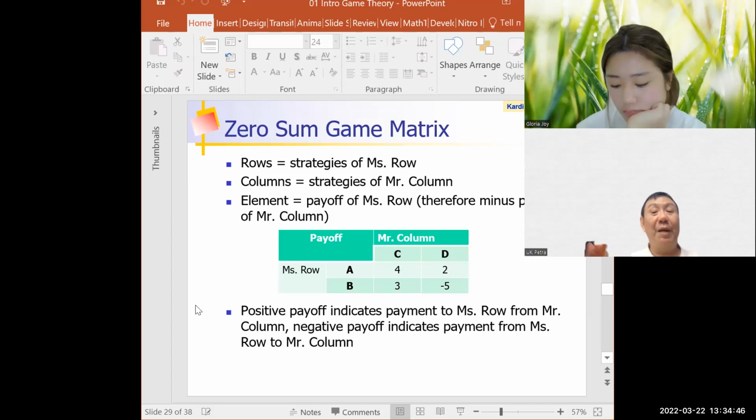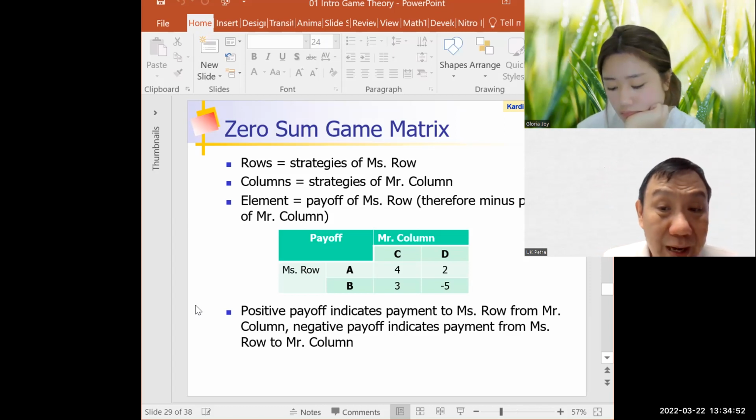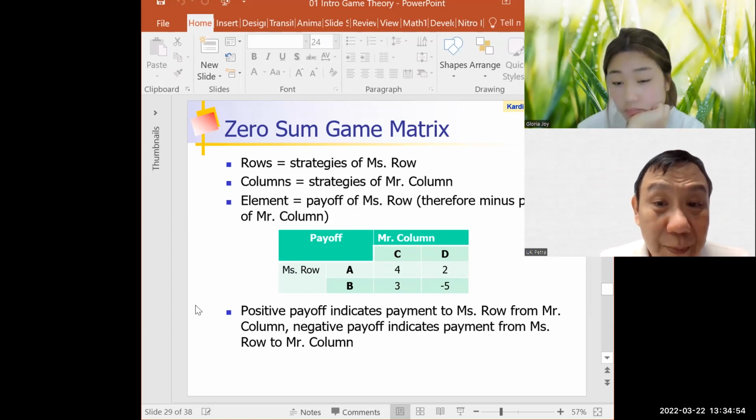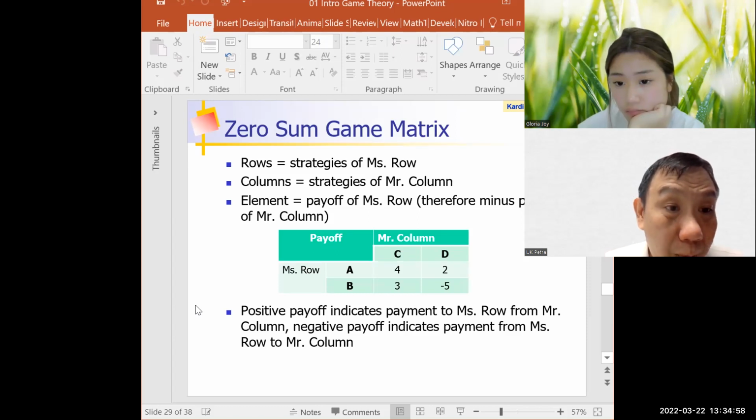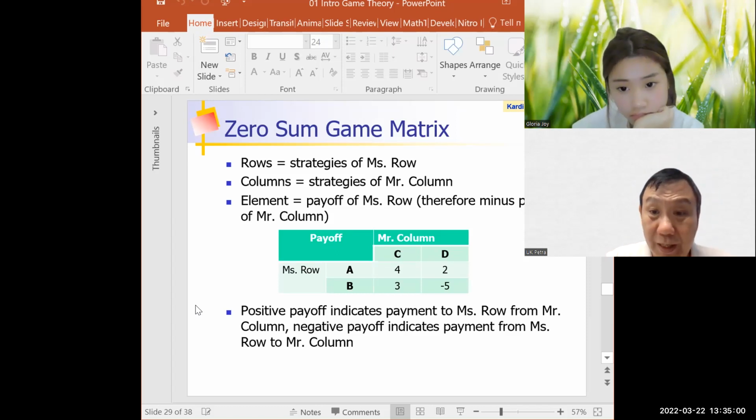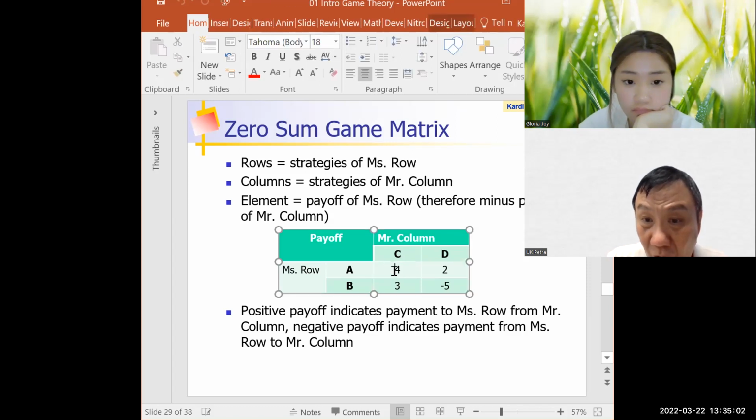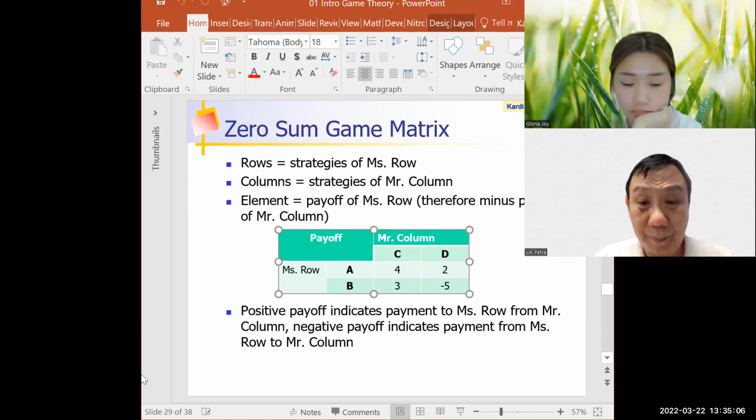Here is an example of a game matrix of a zero-sum game. Remember, in a zero-sum game, the payoff is always for the row player. So when we say 4, 2, 3, 5, what does that mean?